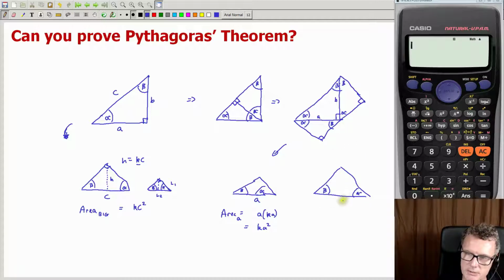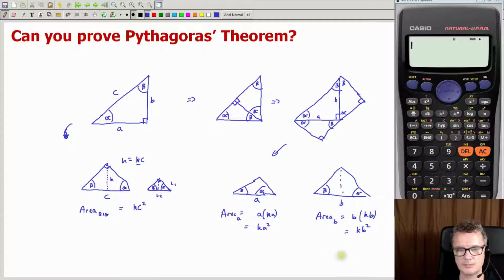So its base is B. So when we come to look for its height, we can say that the area of triangle B is going to be the base, which is B, times by the same constant factor that you need to scale to get to the height, and that would be KB, and so that gives you KB squared. Now you can see where Pythagoras' theorem is coming from.